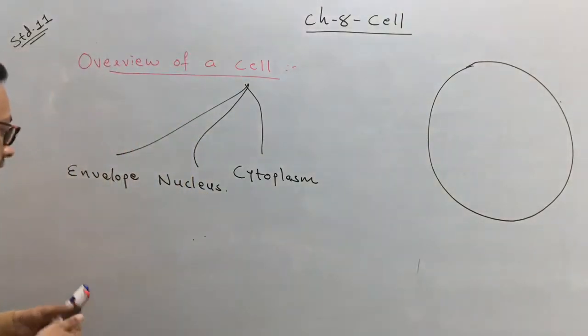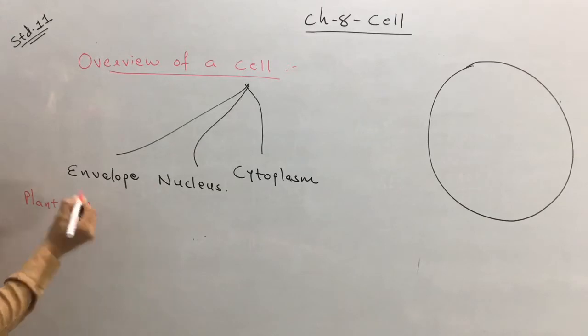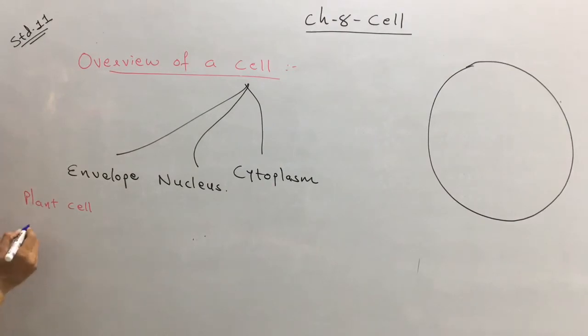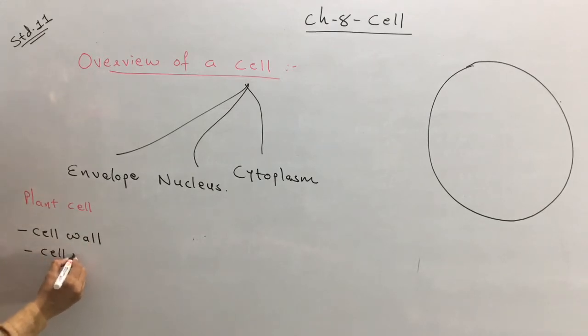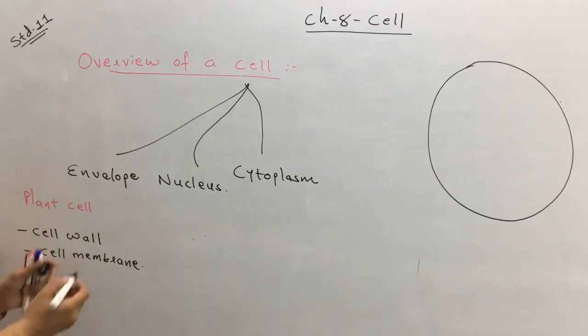If it is a plant cell, then the plant cell has two boundaries. The first one, the outermost, is called the cell wall, and the second one is called the cell membrane. These are the two boundaries found in a plant cell.